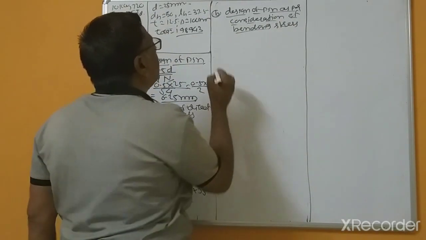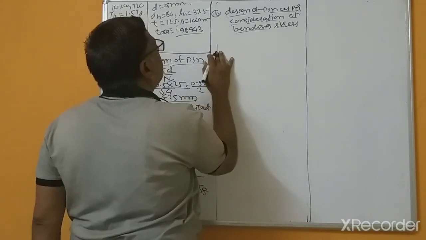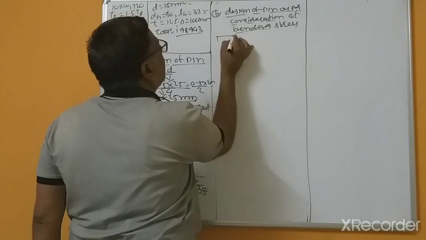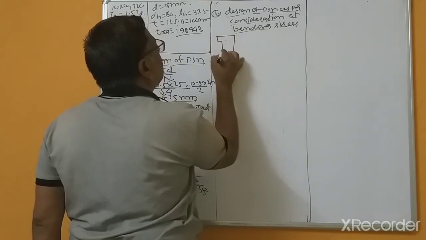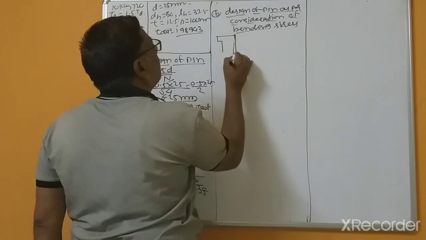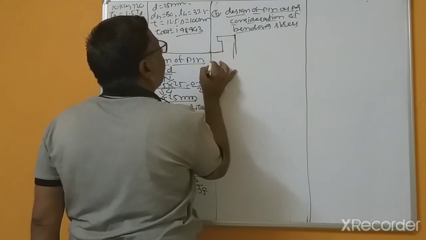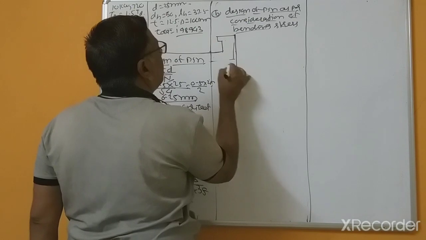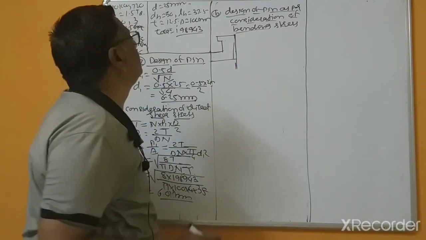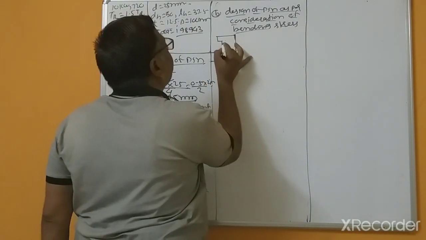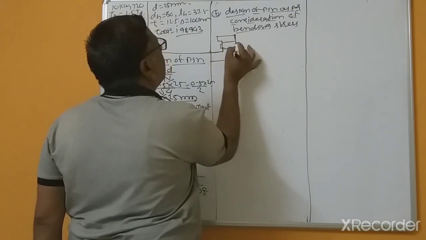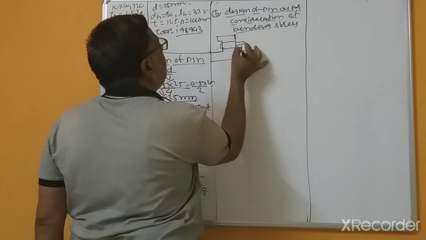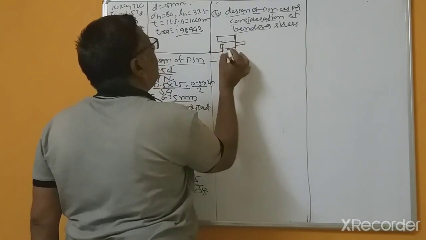Because here is the flange. I will draw flange and bush. So here is the bush and this is the pin, right?